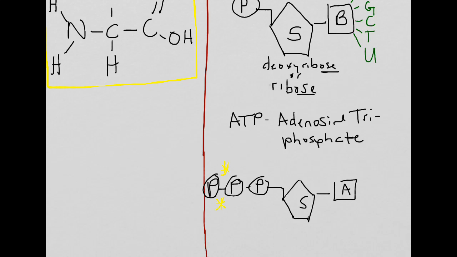This bond right here, super important. Remember, when we break that bond, we get energy. Okay. So ATP carries energy in the form of that covalent bond right there. And we will do a whole chapter on making ATP for energy. Okay, so that is our monomers.